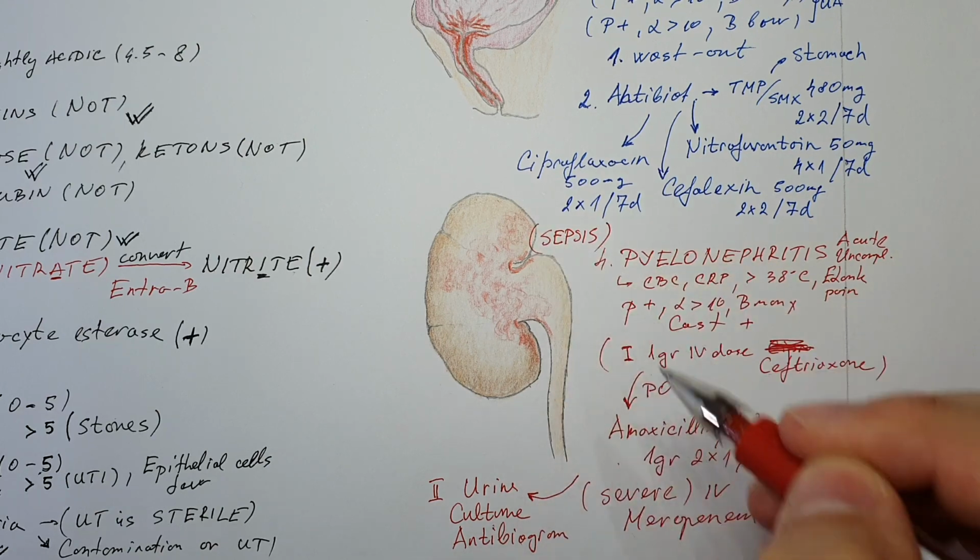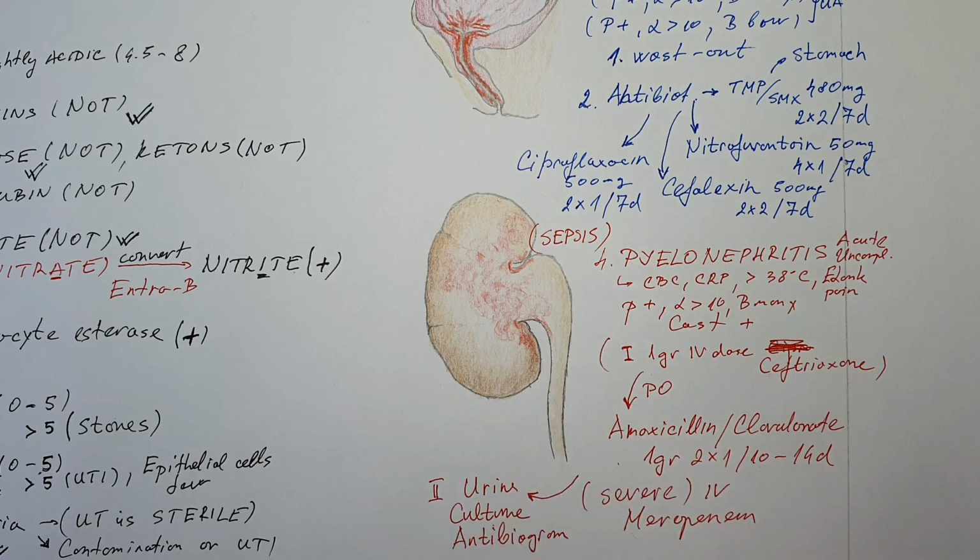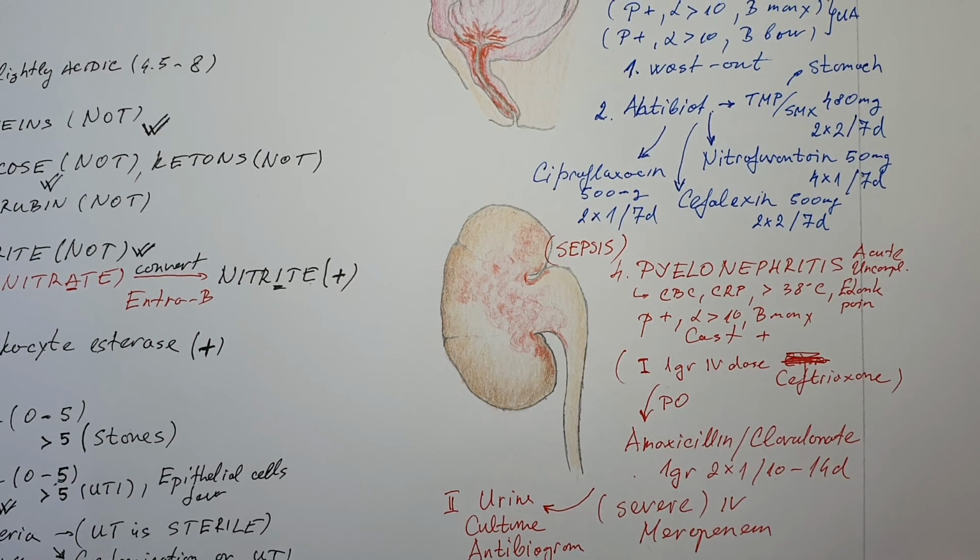And this is a huge problem, especially in elderly people, in people with some comorbidities. This would be a significant disease that could cost the patient his life.